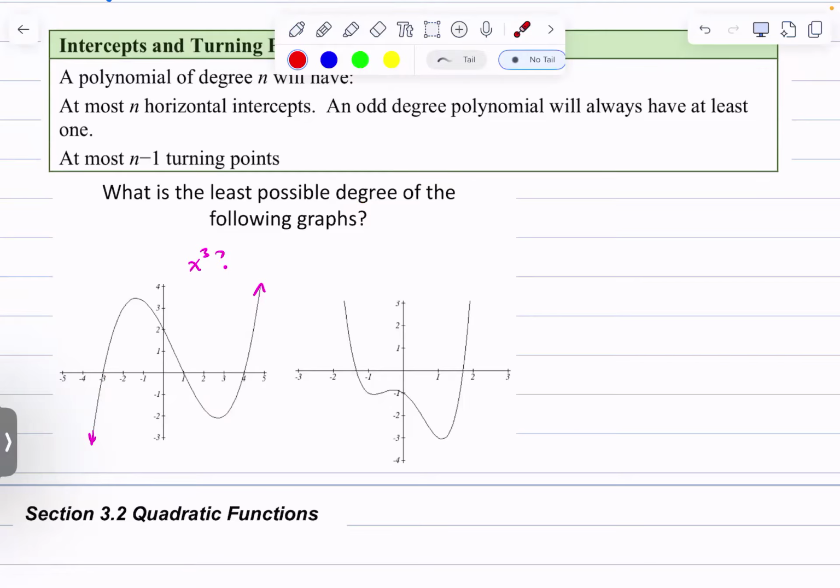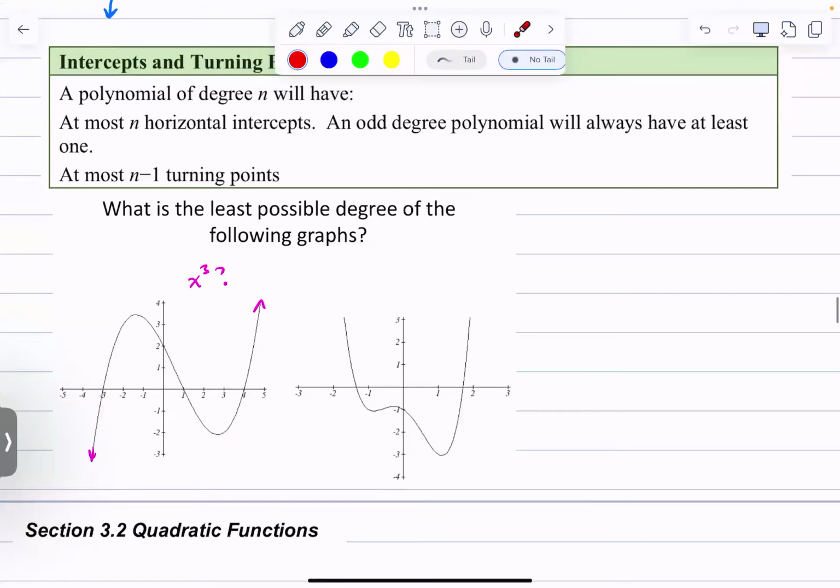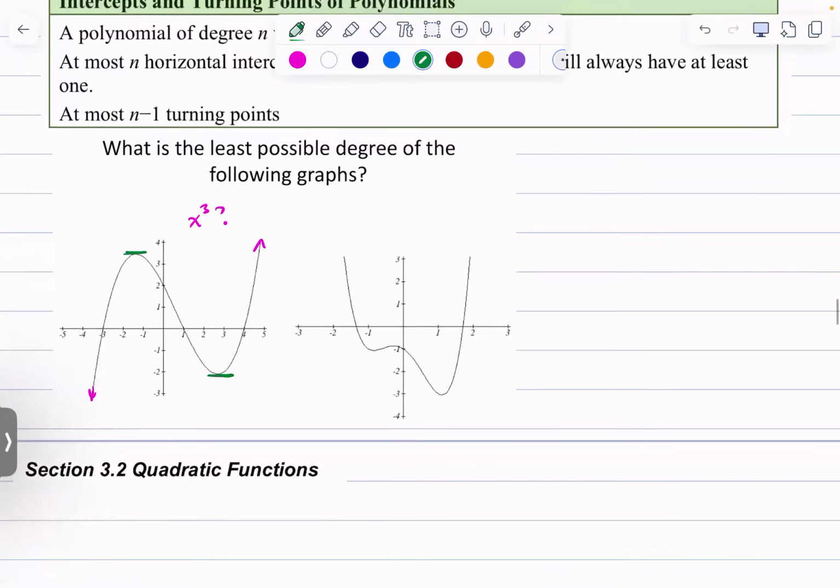Now, when I look at the number of turning points, that might be a nice place to start. A turning point is, of course, where it bends. I have 1 turning point and another turning point, so I have 2 turning points.